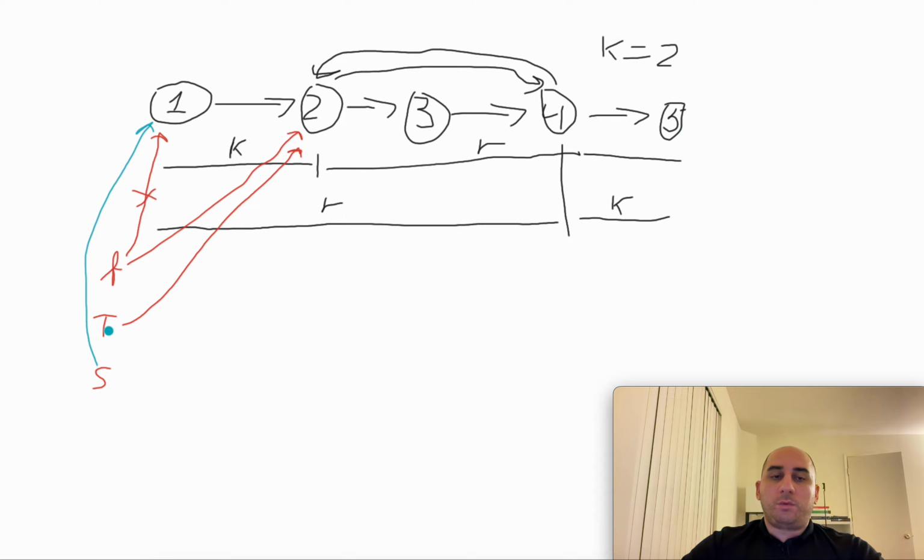So if we move t and s simultaneously, by the time t is pointing to null, s will point to our second node.